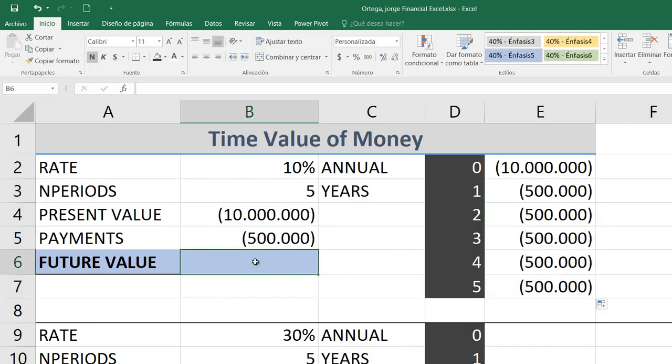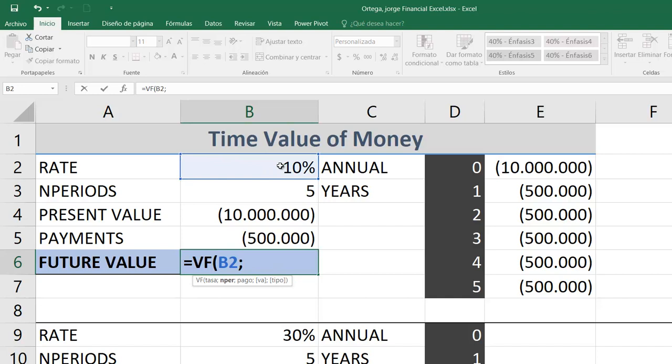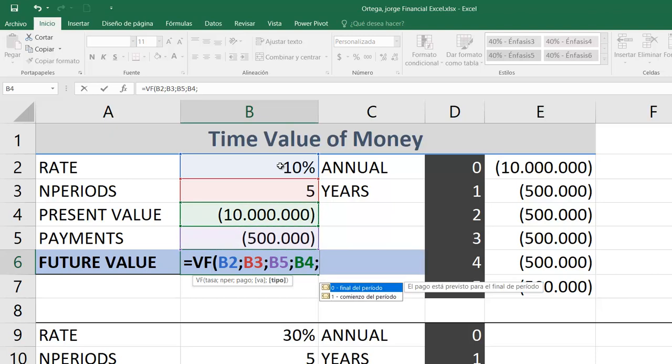So what is the future value? What is the end value of money here? So the formula is FV. It's important to select, as it suggests, the rate, number of periods, payments, and present value. Here is what it says.